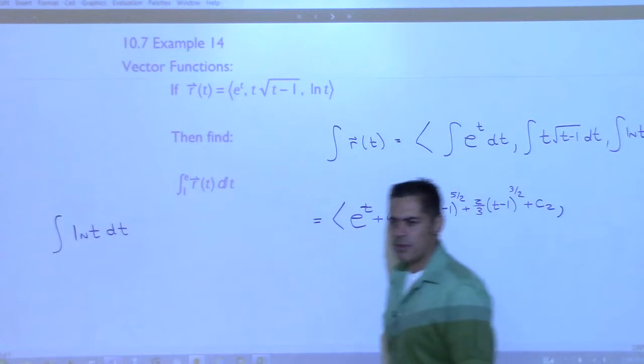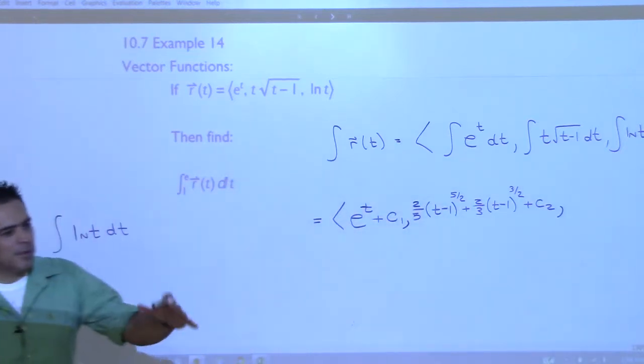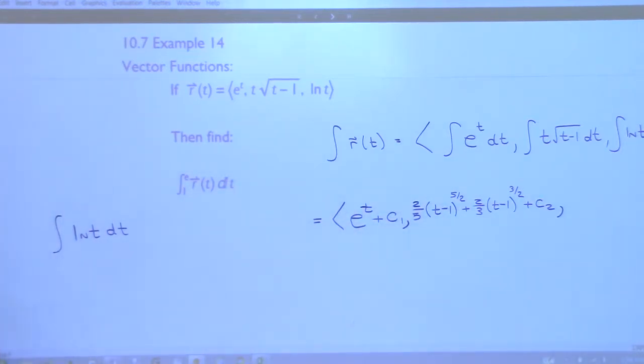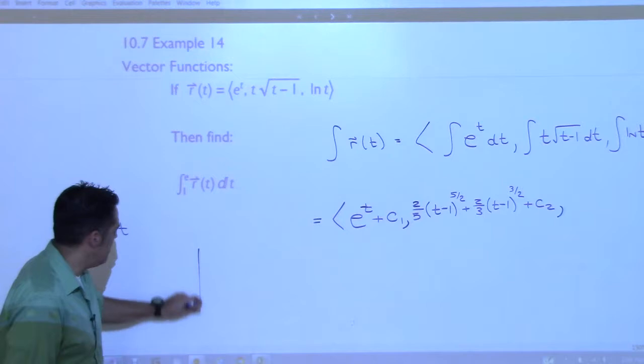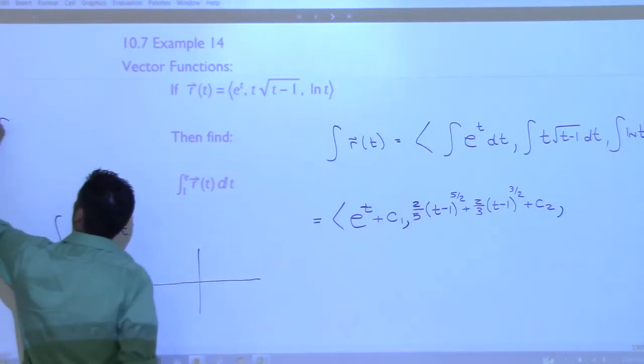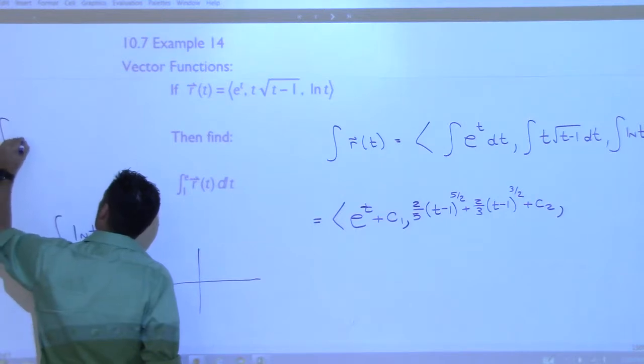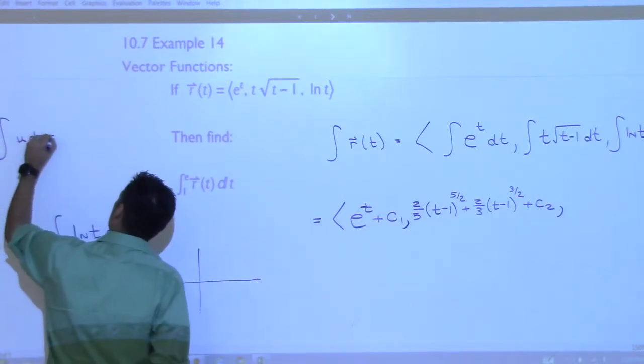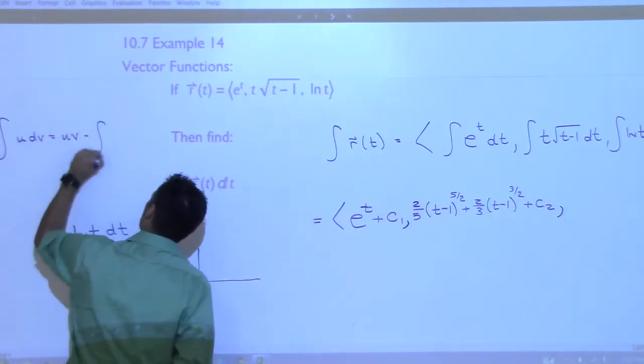Integration by parts. Again, everyone's got a different way that they were shown integration by parts. The way that I show my classes is I always have them make a table. With integration by parts, we're trying to do the antiderivative of u dv equals uv minus the integral of v du.